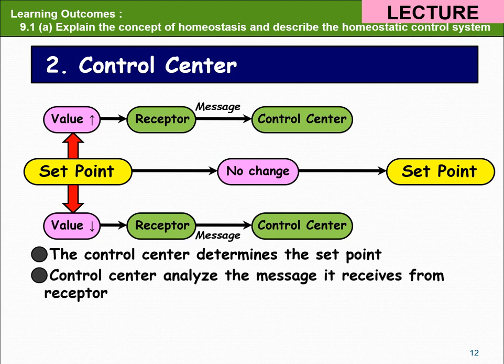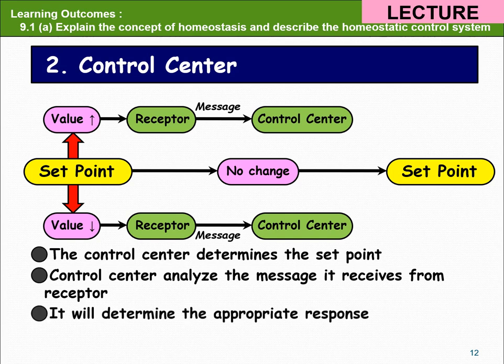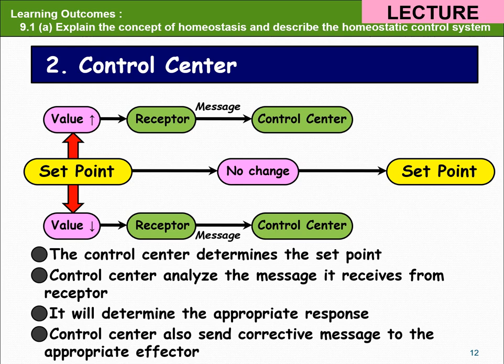When the control center receives the message from the receptor, it will analyze the message, determine the suitable response, and send the response to the effector. The messages sent from the control center are corrective messages in order to return the changes that occur in the body to the normal set point.